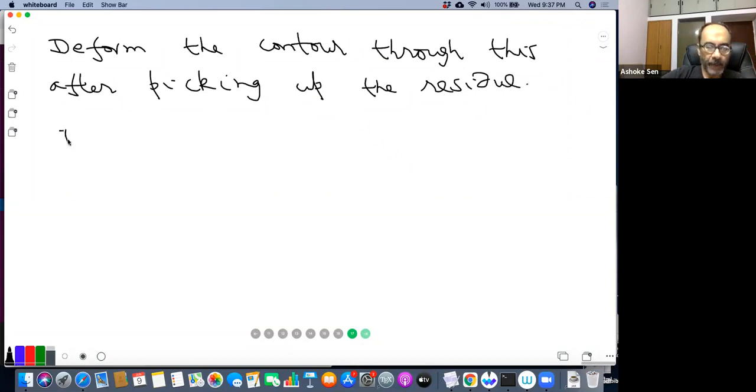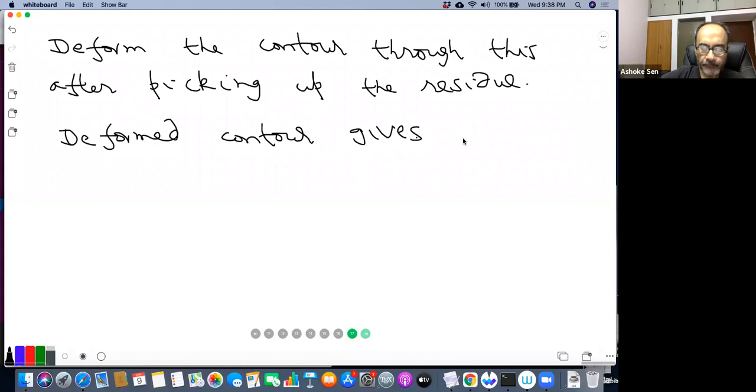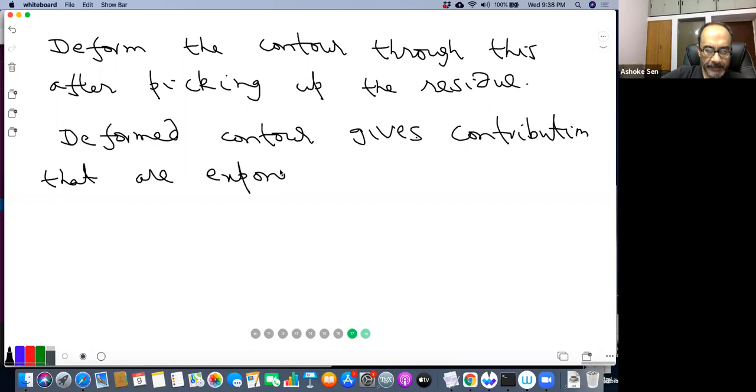One can show that the deformed contour gives contributions that are exponentially suppressed compared to the residue.